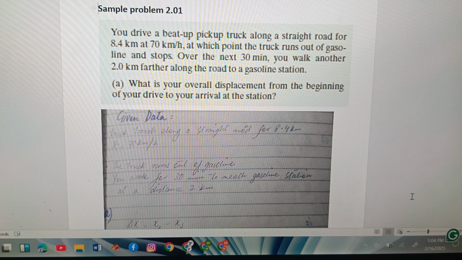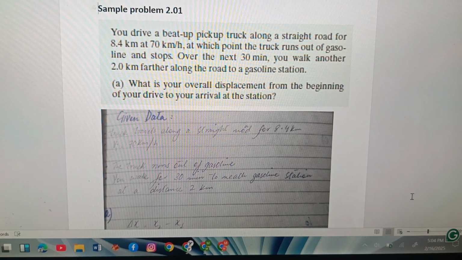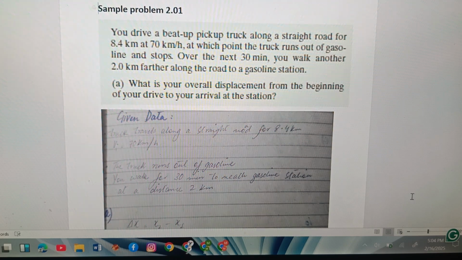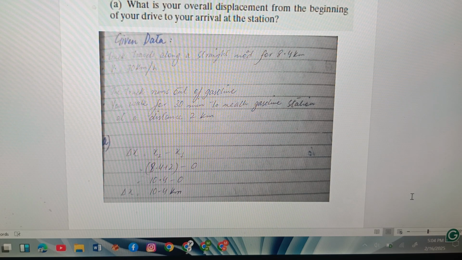First, they have asked us to calculate the total displacement, which means that we need to calculate the total distance from the starting point of our journey to the station. Since we know that the truck has traveled on a straight road for 8.4 kilometers, and the velocity with which it travels is 70 kilometers per hour.